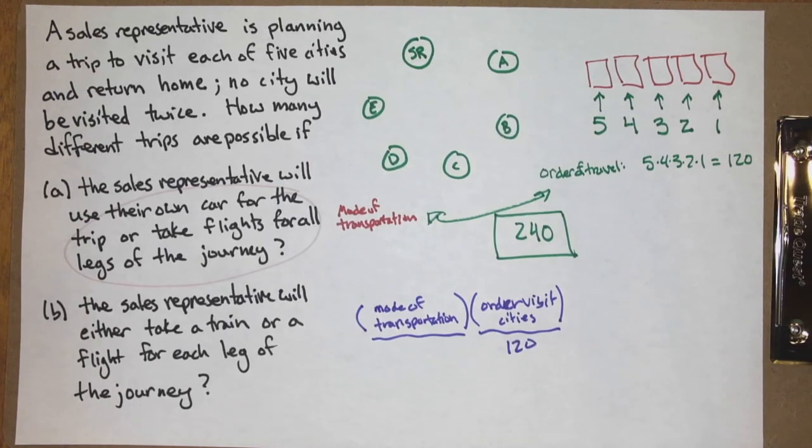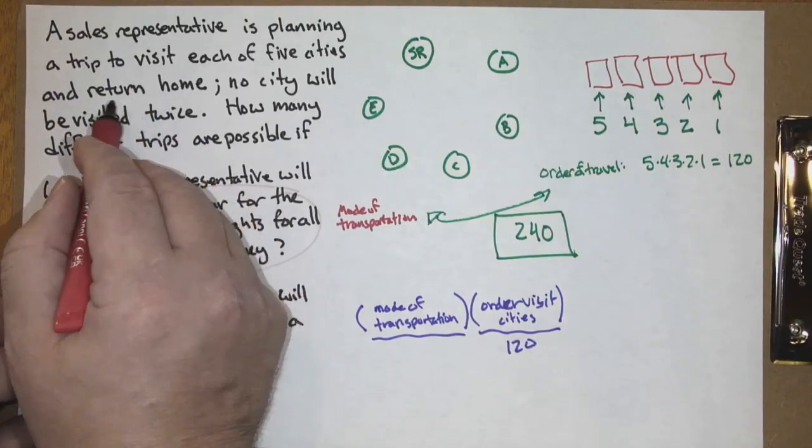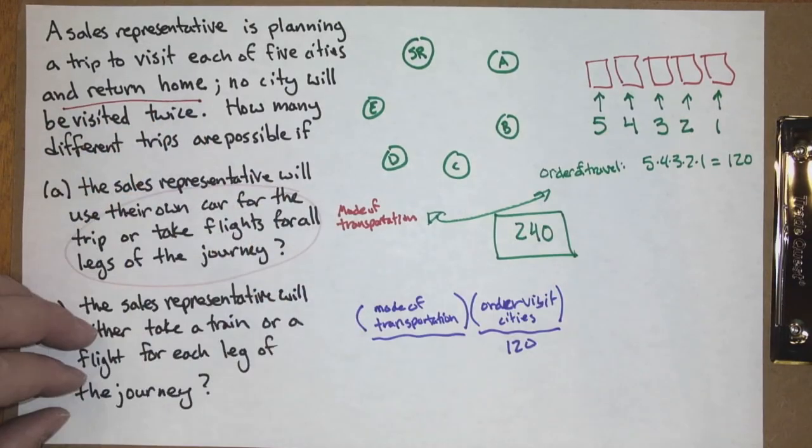So, how many different trips are we going to make in total? Let's maybe answer that question. We're visiting 5 cities. How many trips do we make? And why is the answer not 5? Because there's something else we do. We visit 5 cities and return home. So there's 6.